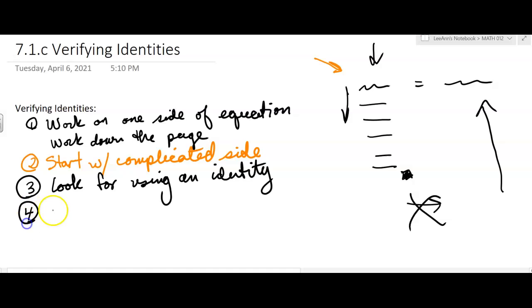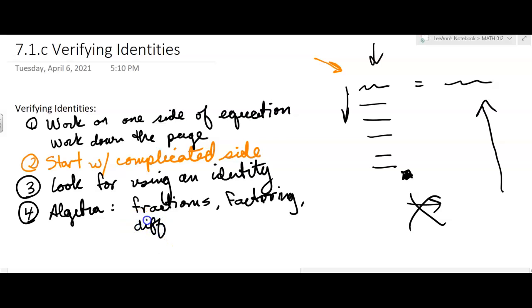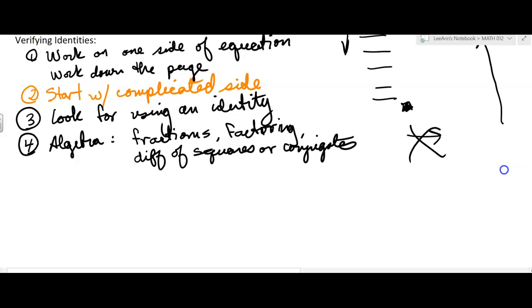Sometimes you're going to have to use some algebra, such as you might have to deal with fractions, factoring, the difference of squares or conjugates. And remember, and hopefully you're saying, well, oh, great, I know my algebra, that's good. But remember, they're going to look a little different because it will be in terms of trigonometric functions. Okay, but it's the same ideas, okay?